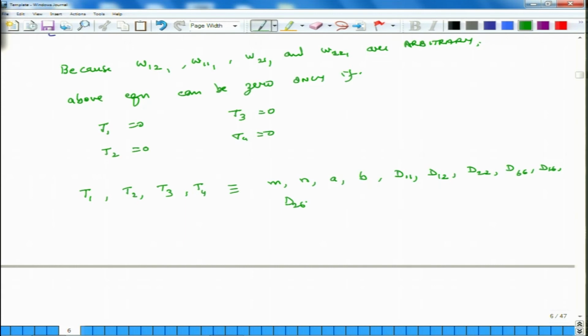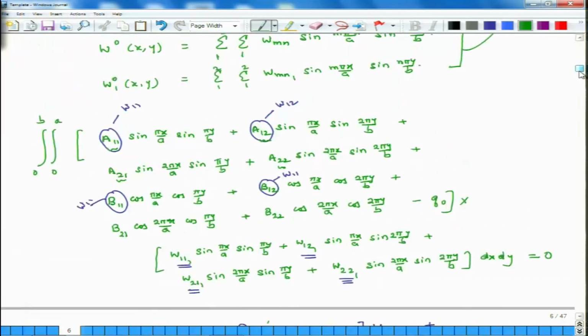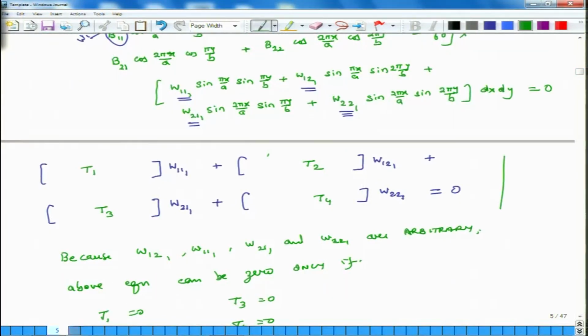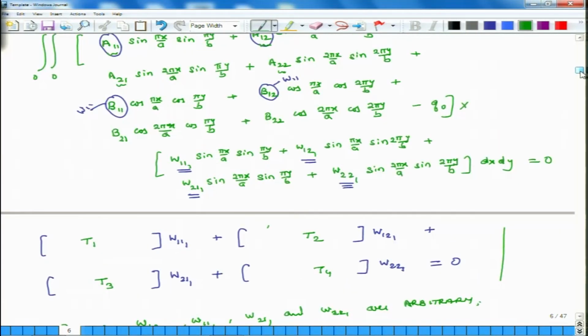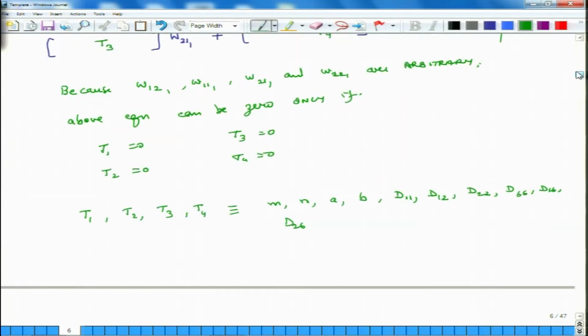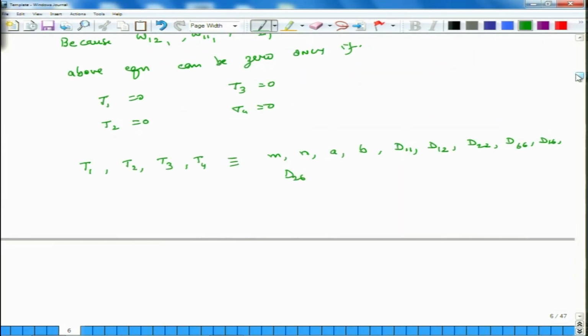If we do this integral and arrange this entire integral in this format, we will exactly know what T1, T2, T3, T4 are.